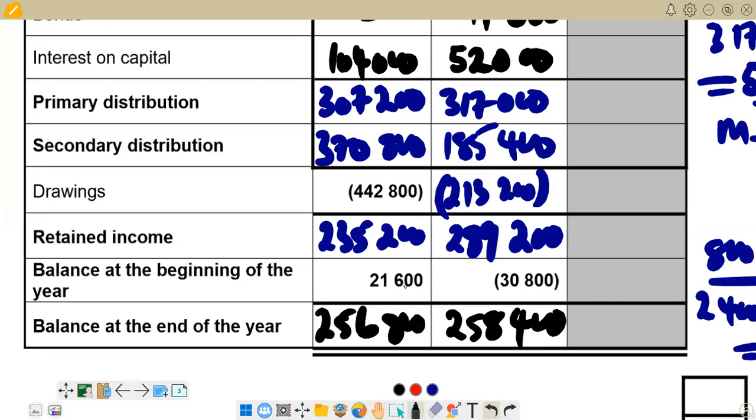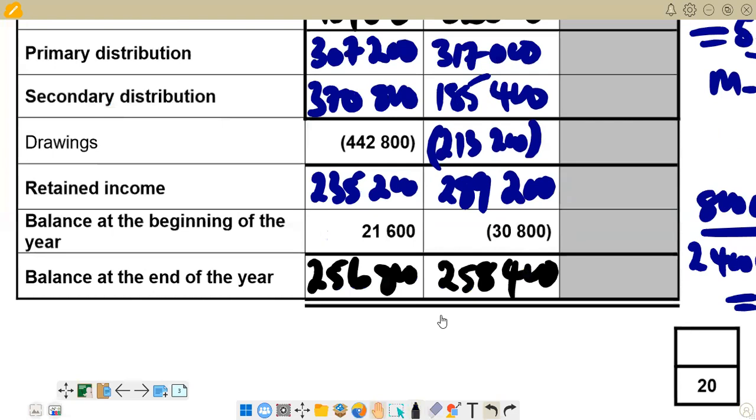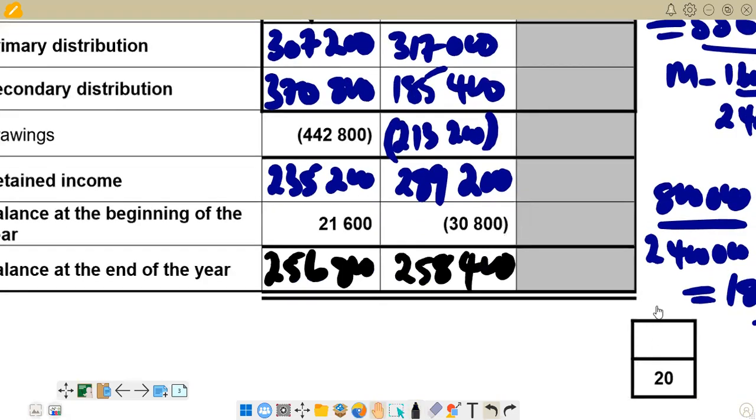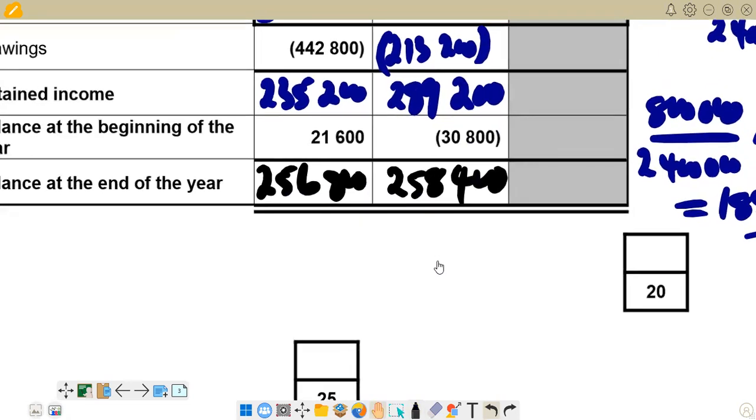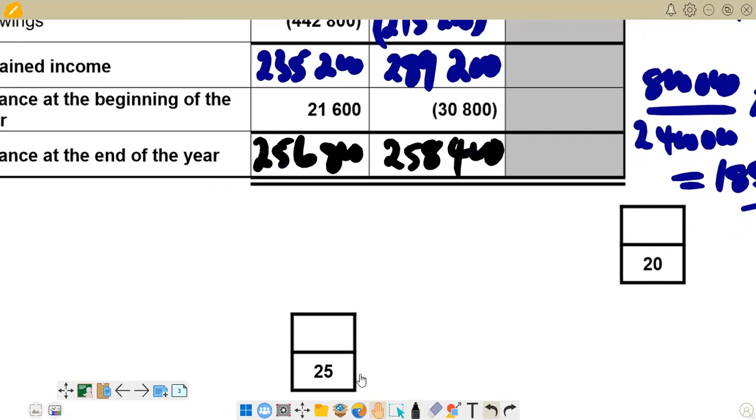So that is what we have, guys. And then we see that the total marks that we have there is 20 marks, which is very important to take note. Quite a lot of marks. So the total marks for the question becomes 20 plus 5 marks for the interest on capital to make 25 marks.